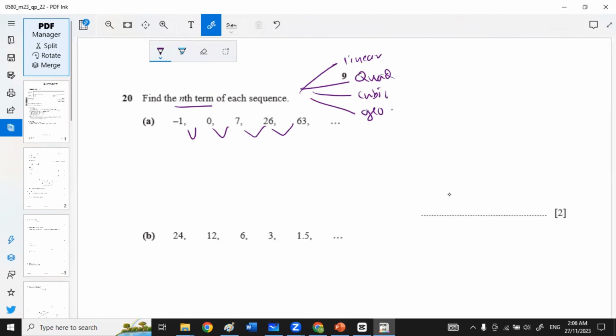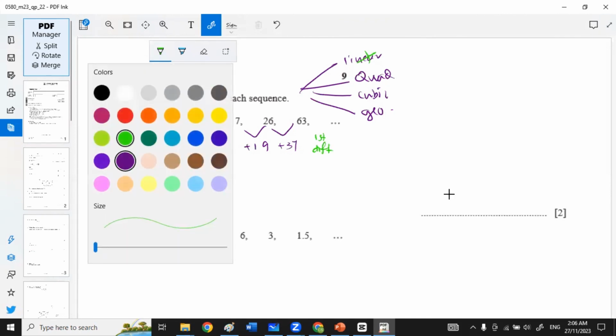Minus 1 to 0, you get plus 1. This is plus 7. This is plus 19. This is plus 37. Okay, so this is the first difference.